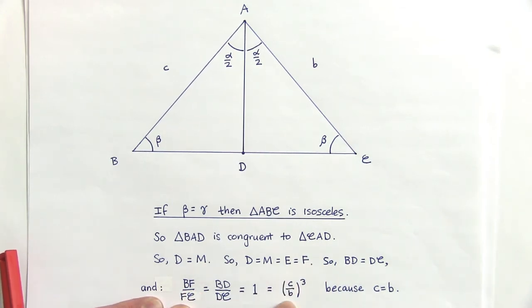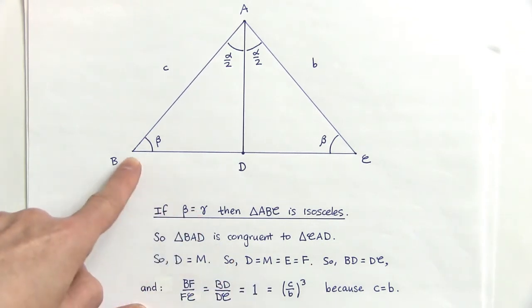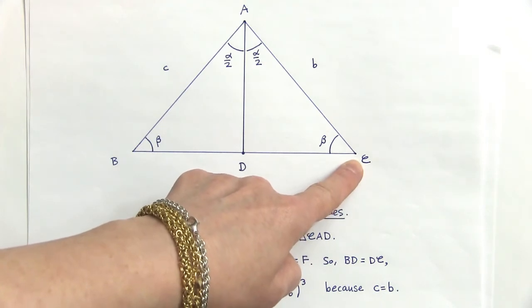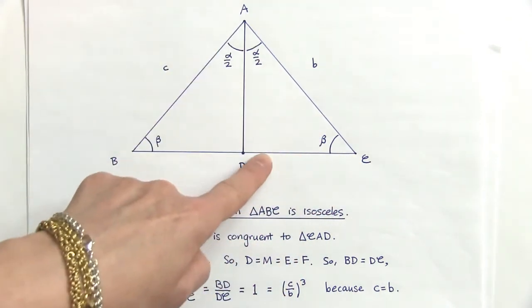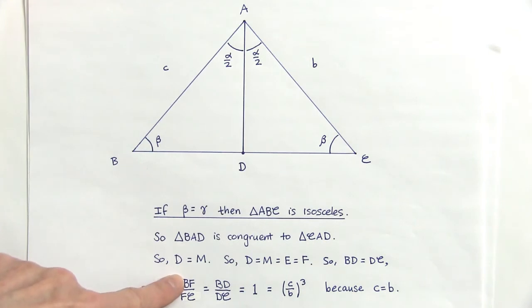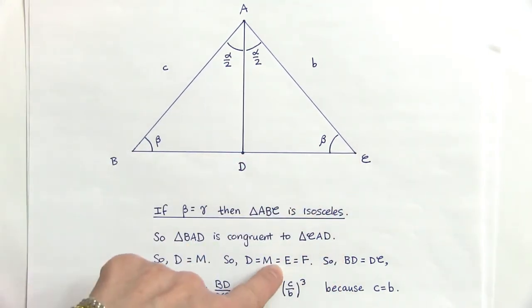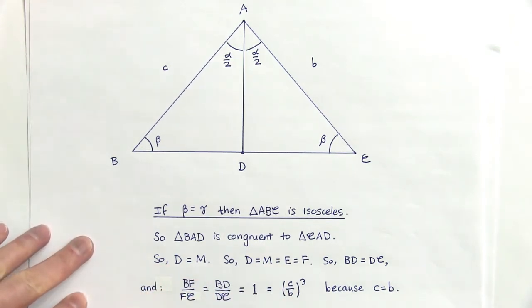But since c and b are the same, c over b is 1, so c cubed over b cubed will also be 1. And so in the case when the angle at vertex B is the same as the angle at vertex C, this is actually the easiest case to solve, and we still get that the ratio BF over FC is C cubed over B cubed, because the ratio will just be 1 in that case. And the problem is solved.